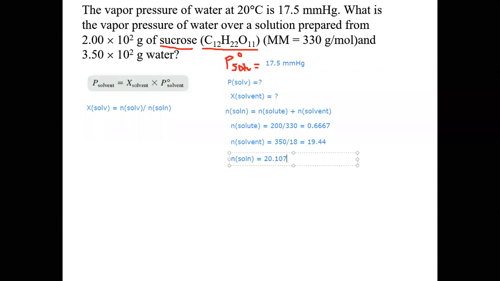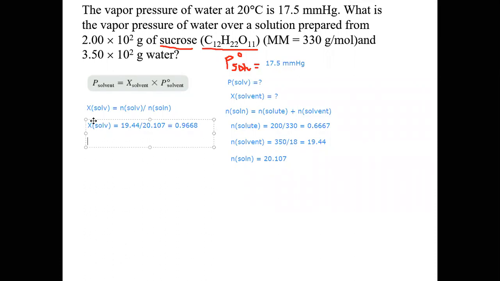So now we have the moles of solution, we have the moles of solvent, so we can calculate the mole fraction of solvent. So now we have the mole fraction of solvent.